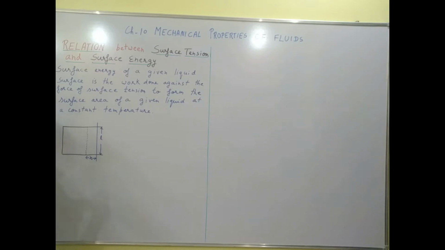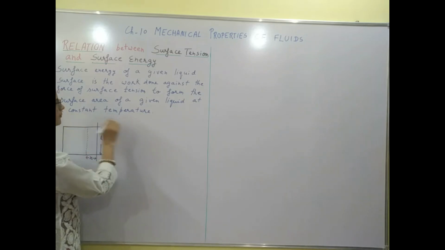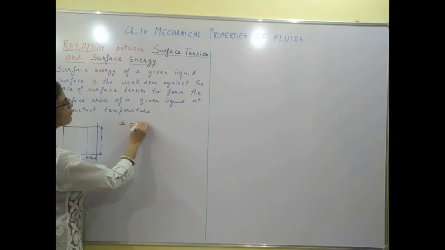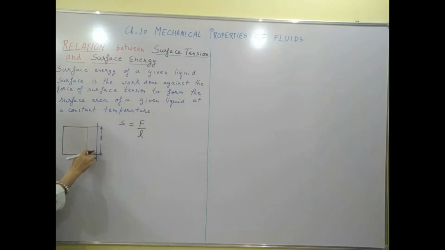So if I want to find the work done in forming this surface film, how to find that work done? We know that surface tension by definition is force acting per unit length. Now this is the length and this is the force acting on this movable side.